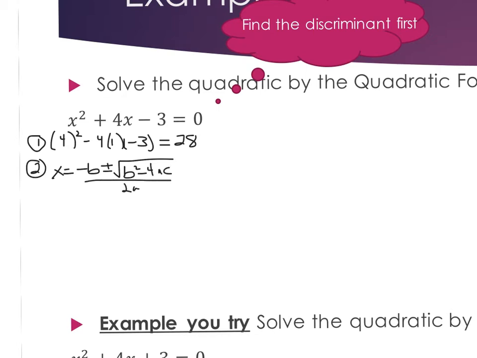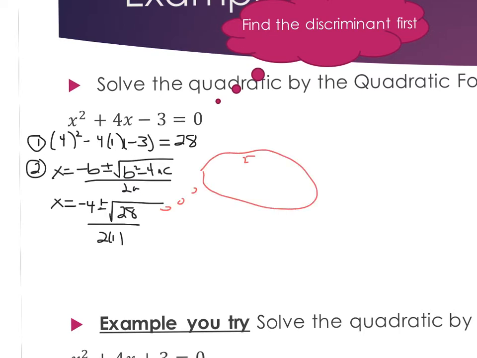And now we're just going to plug and chug. Okay, so x equals negative 4 plus or minus. Now, we've already found b squared minus 4ac in step 1. So all I need to put under the radical is the 28, over 2 times 1. Now, remember you have to simplify that square root of 28. So what I'm actually thinking in my mind, I'm doing a thinking bubble off to the side, and I'm doing a factor tree for 28.